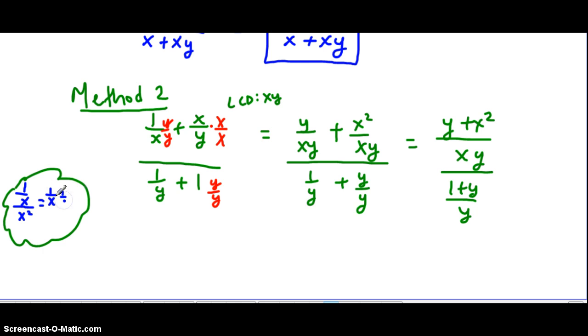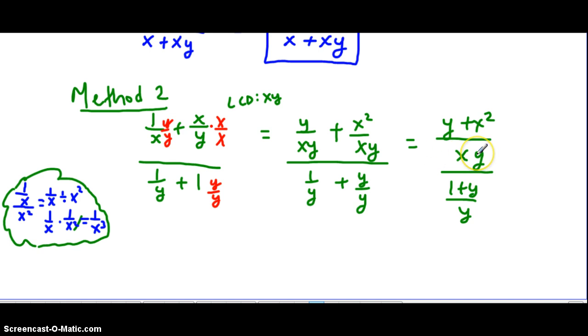And then remember, when you're dividing fractions, you multiply by the reciprocal of the second one. So it's 1 over x times 1 over x squared. And then multiplying across, it would be 1 over x cubed. So always go back to a simpler fraction problem if you need to, and you can always use numbers if that helps too.